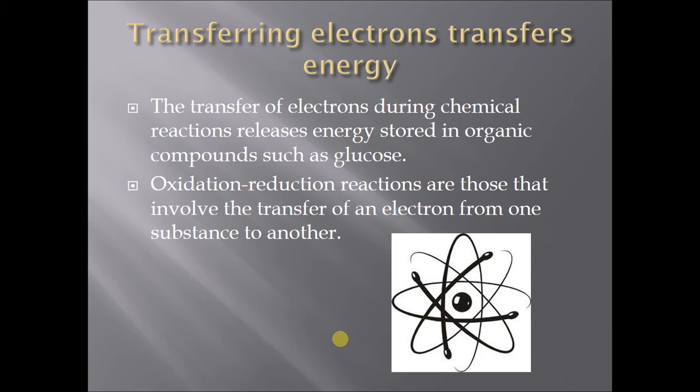The energy that we use eventually to make ATP is stored in electrons. The transfer of electrons during chemical reactions releases energy stored in them, and we're going to use that to make ATP. Electrons are going to be our energy stores, our batteries.